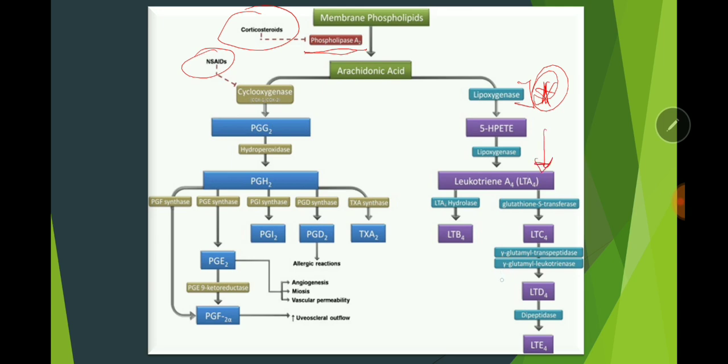Some of these leukotrienes also break down and are inhibited by the leukotriene D4 inhibitor, Montelukast, or Singulair. So Singulair affects the production of leukotrienes.